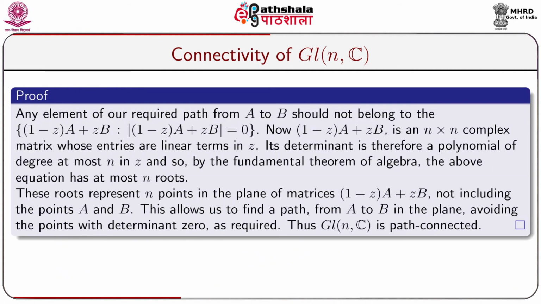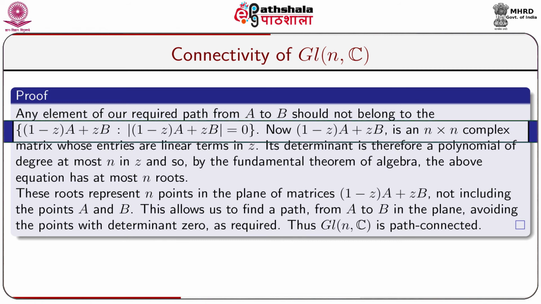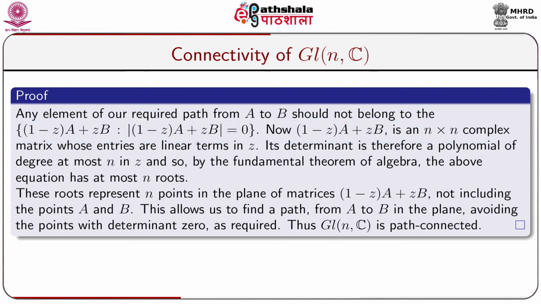Now, no element of our required path from A to B should satisfy determinant of (1 minus z)A plus zB equal to 0. That means no matrix in the required path will have zero determinant.